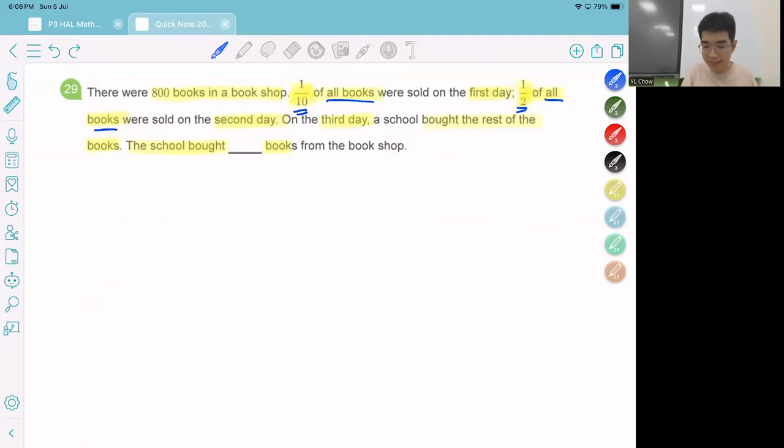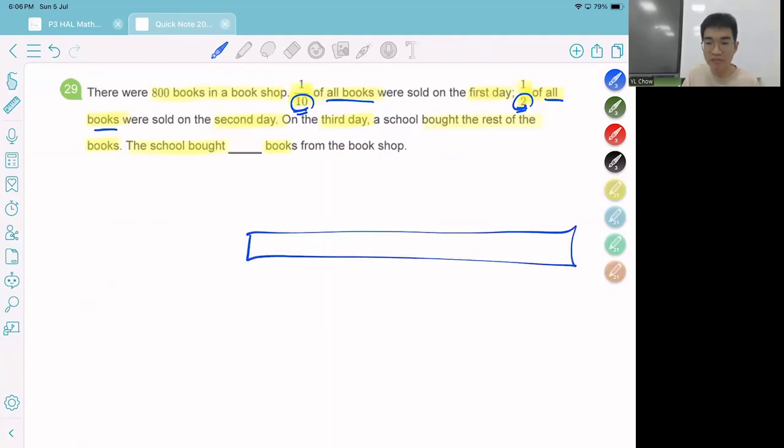The problem is the denominators are different, right? 10 and 2. So before I can represent both of them on the same bar model, I have to change them to the same denominator so that I can express them in the same bar model with the same number of units.